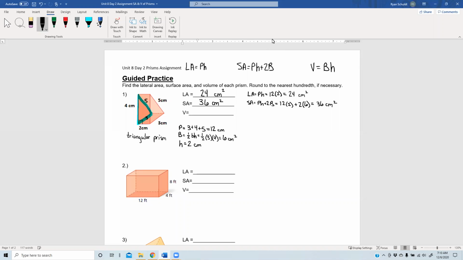Again, where am I getting these numbers that I'm plugging in? I'm getting them from down here based on what we calculated. So volume, big B times H. So 6 times 2, which is 12 centimeters cubed. So that's our volume, 12 centimeters cubed.